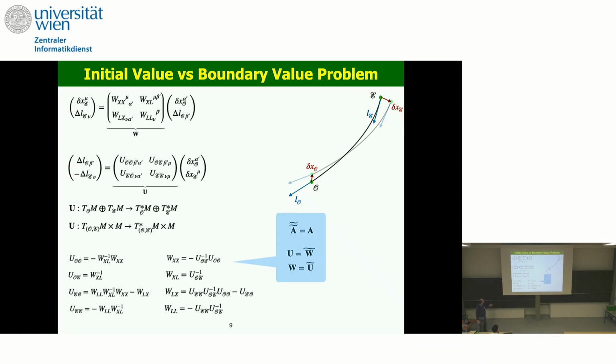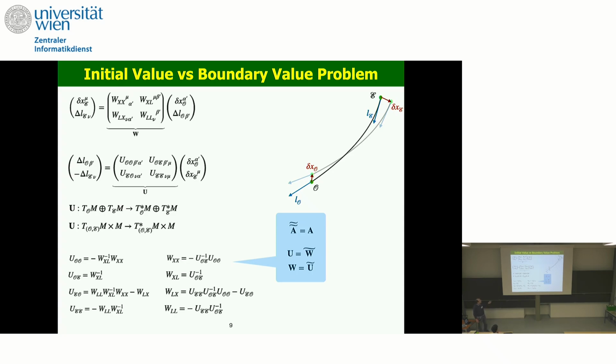Well, it means that you can look at this formula over here as defining an operation on matrices, more precisely matrices for which this 4x4 submatrix is invertible. And what happens is that the resulting matrix U is also invertible in this sense. You can reapply the same operation and you come back to the same matrix. So we have defined an analog of taking an inverse or a transpose of a matrix, a kind of involution. If you apply it twice, you always come back to the same matrix.